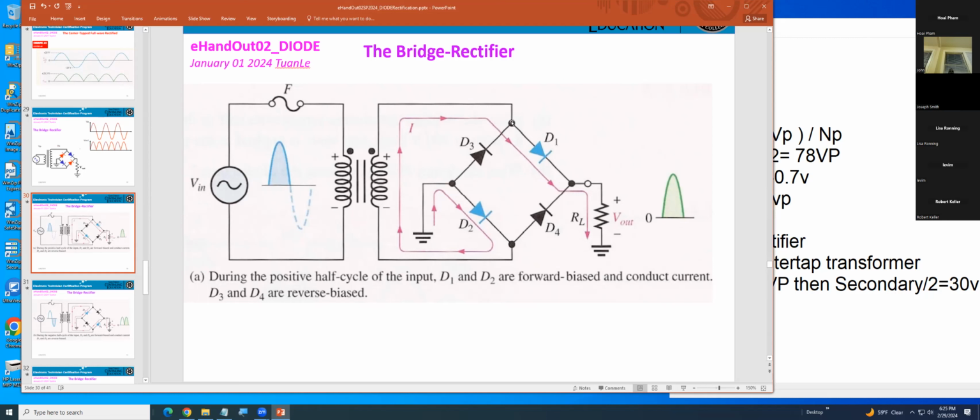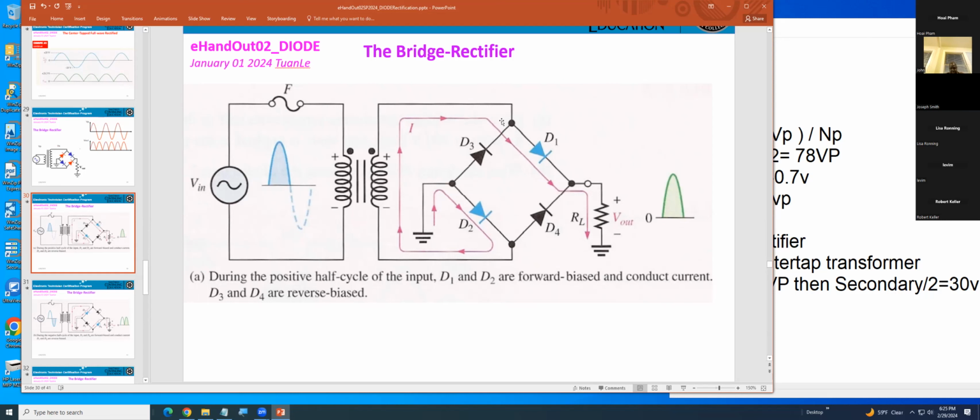If you get 50 volt here, where are you pointing at? Can you see it? Yes, I can see it. Okay, now if I said 50 volt, right here 50 volt, tell me which diode will be on.